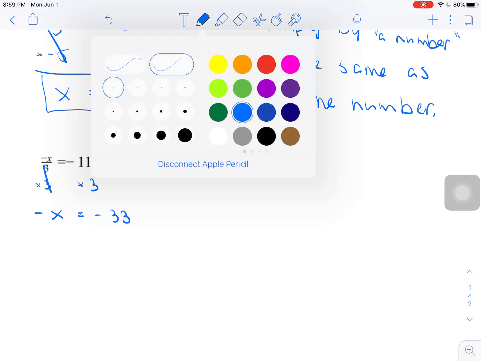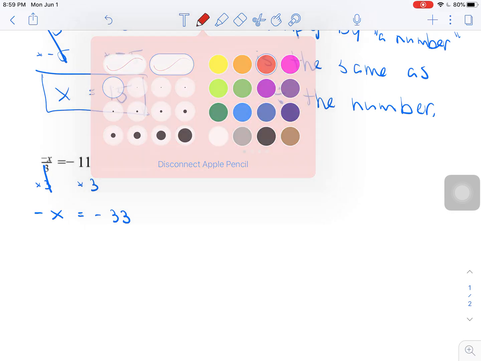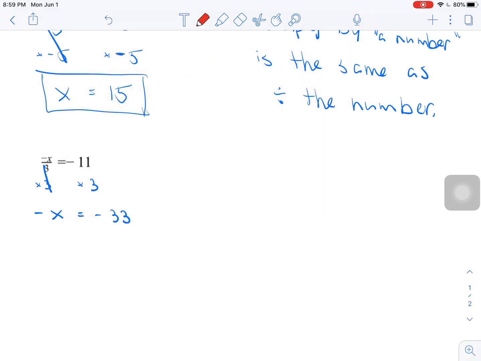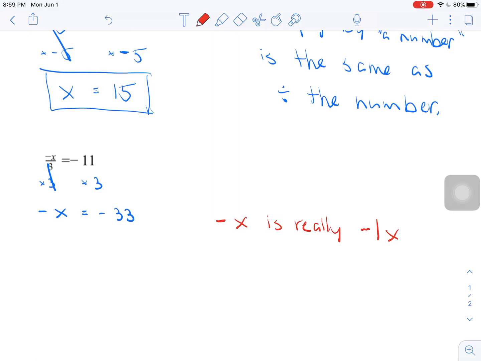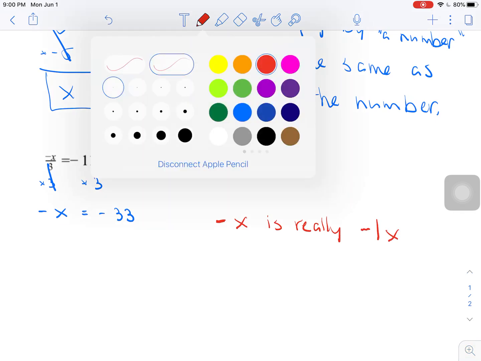So now here's the thing you have to remember, and this is where we're going to put into play some other things that we talked about. Negative x is really, in algebra, how you want to think about that is negative 1x, or negative 1 times x. So that negative is kind of a code word for a negative 1 in algebra.